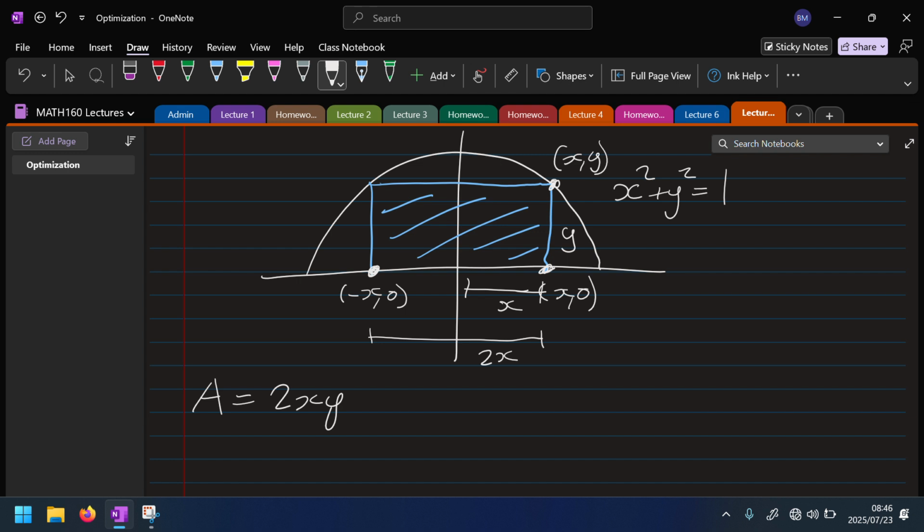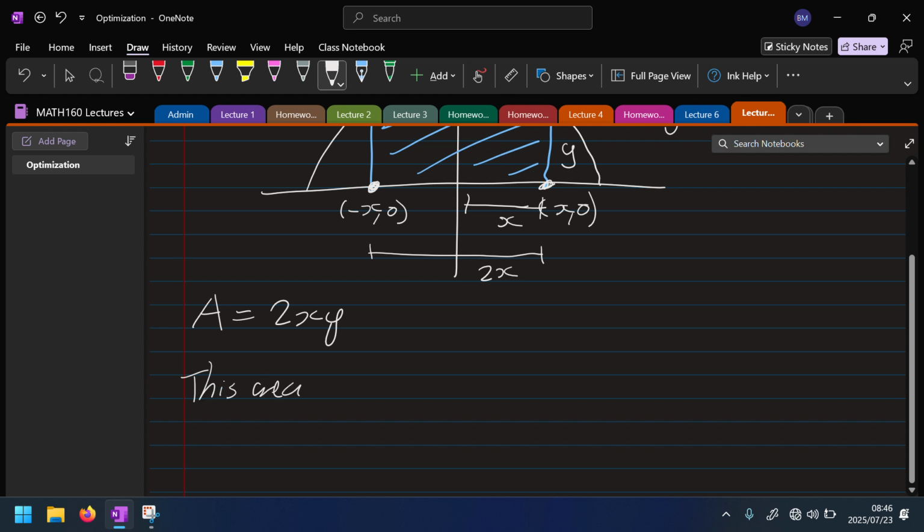So we've got area is equal to 2xy. Okay, so we've got our function. Now, if we're following the steps, understand the problem, write down the formulas, and so on, we've got the equation that we need to optimize. However, there are two variables, x and y. We don't want that. So we need to eliminate one of the variables.